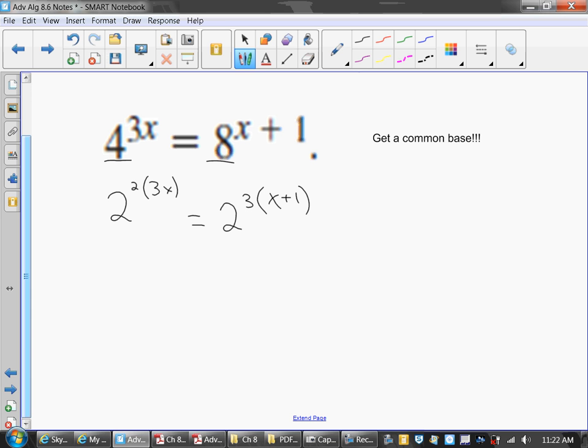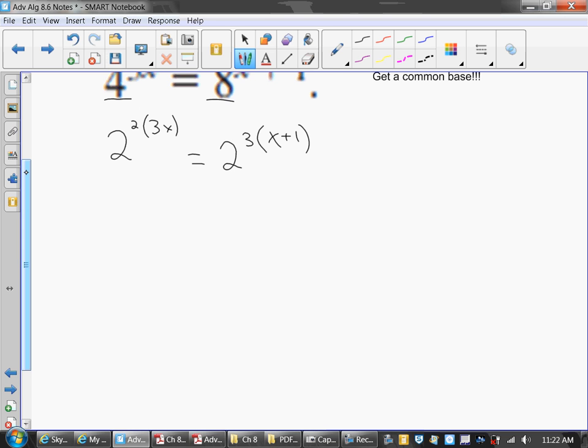Now, what happens next is pretty cool. Are those the same bases? Not so much that they cross out, but since these guys are the same bases, what you're able to do now is just take the exponents and solve them. So what's 2 times 3x? Equals 3x plus 3.